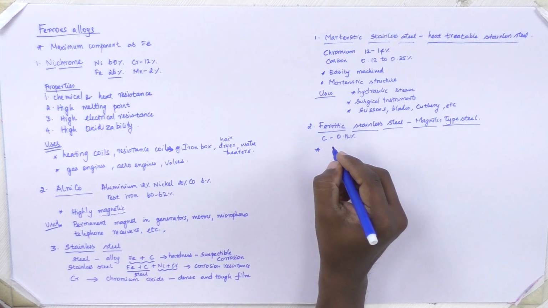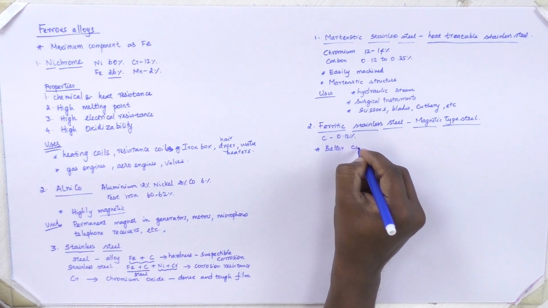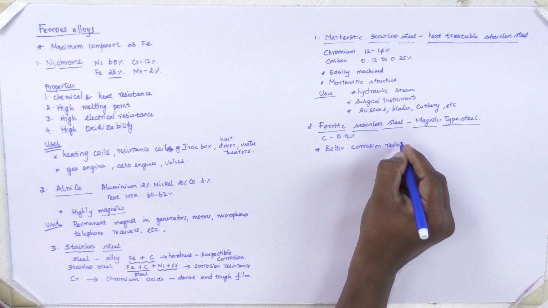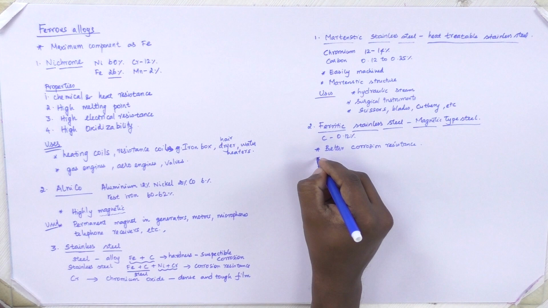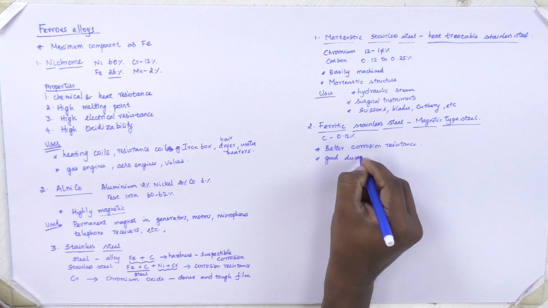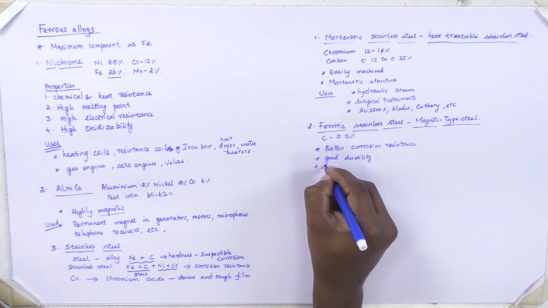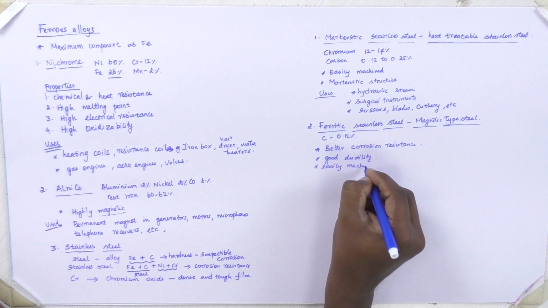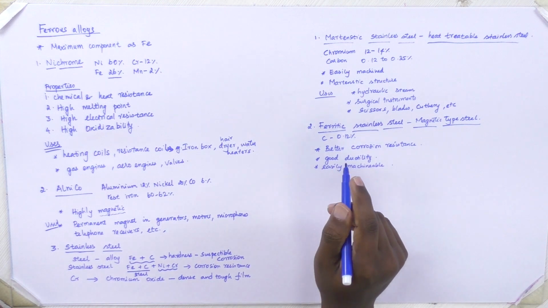Its main property is that it has better corrosion resistance and it has good ductility, and this is also easily machinable like the martensitic stainless steel.